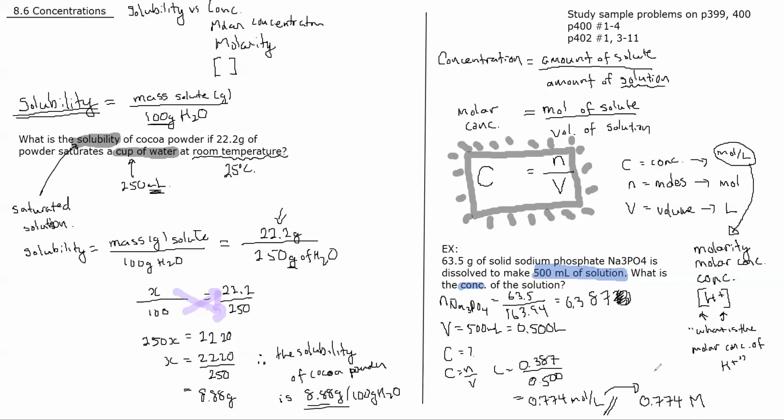Yes, we did. Capital M, if we use it as the symbol of a quantity, that would be molar mass, okay? But if we have 0.774, if we use a capital M as a unit symbol, it's moles per liter.